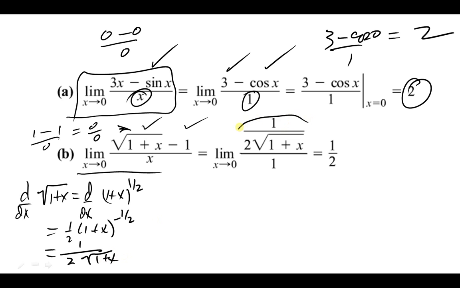So the derivative of the numerator is 1 over 2 square roots of 1 plus x. The derivative of the denominator is simply 1. Now plug in x equals 0 and you get 1/2, and that is the limit.